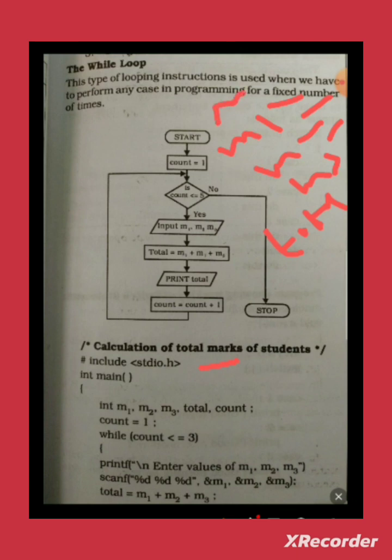Total equals M1 plus M2 plus M3. Like this we can get the total marks of the first student. Then again we need to repeat the same process for the second student and third student. So what values do we need? We need subject 1, subject 2, and subject 3 marks of 3 students.